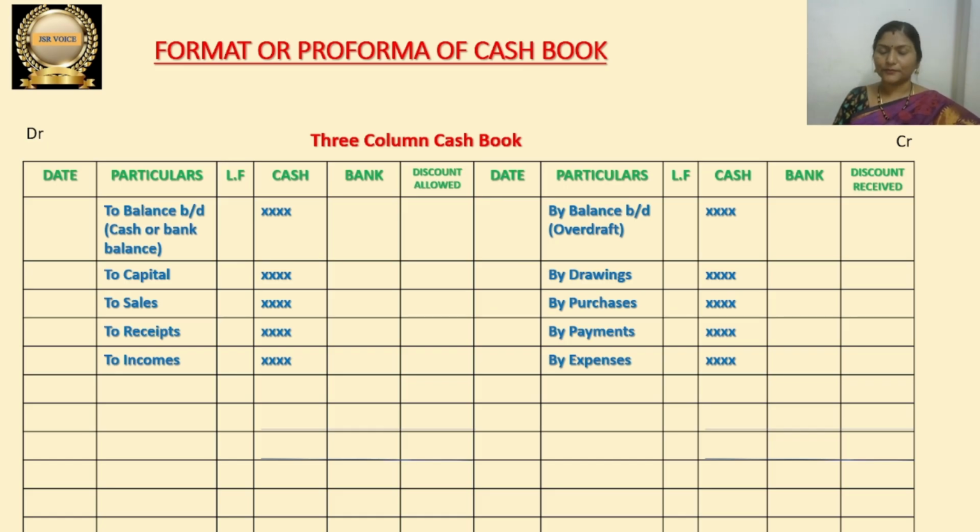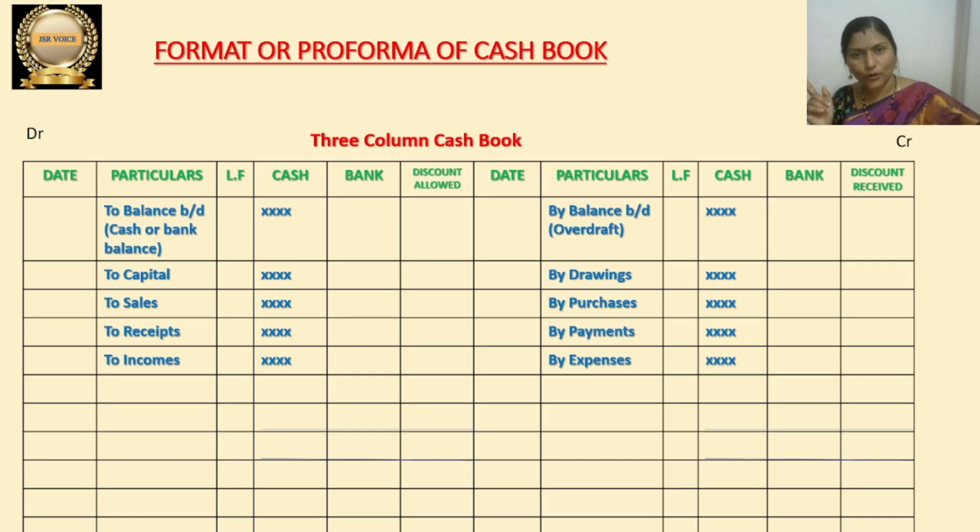Next, if business is purchasing anything, compulsorily it has to pay cash. So cash is going out. If cash goes out when business purchases anything, we should write that on credit side, because what is our principle? If cash comes into the business, record on the debit side.